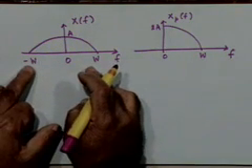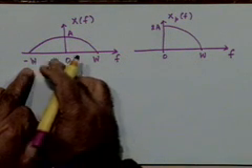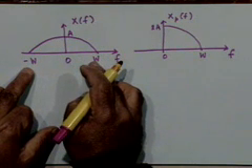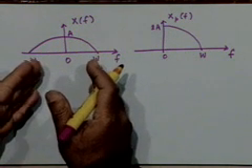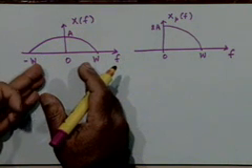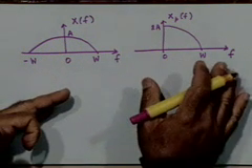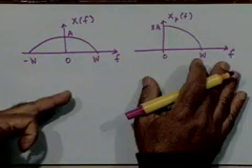The real signal has both negative frequency components and positive frequency components. This spectrum would be amplitude even symmetric, and the phase spectrum would be odd symmetric. The complex signal that we have constructed, the analytic signal, only has positive frequency components, just like the complex exponential, right? It has only a positive frequency component.